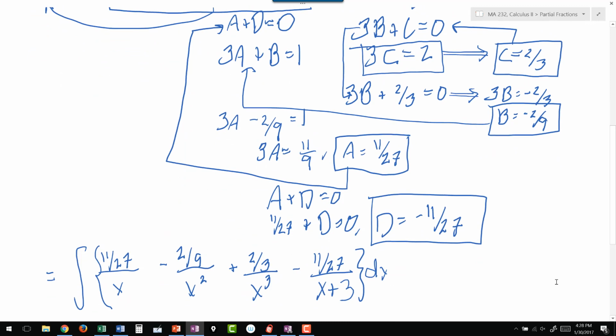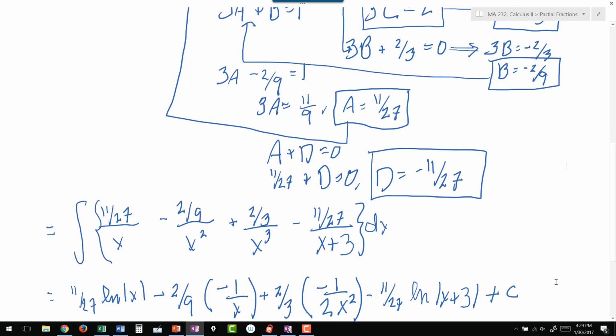So our original integral would become, instead of a over x, it's 11/27 over x, and then minus 2/9 over x squared instead of b over x squared, plus 2/3 over x cubed, and minus 11/27 over x plus 3. Evaluating each of the pieces individually, I get 11/27 natural log of absolute x.